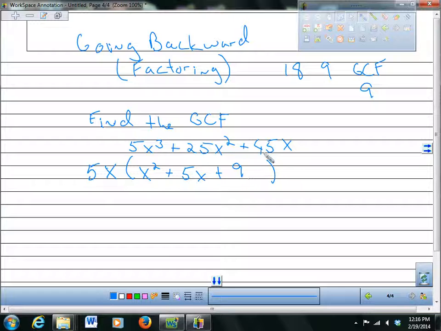And that times that. Okay? So you're going in reverse. You're pulling the biggest common factor out of all of them. So in this one, the greatest common factor is 5x. But if they said factor it, that's what they would mean. We'll do a lot more of those.